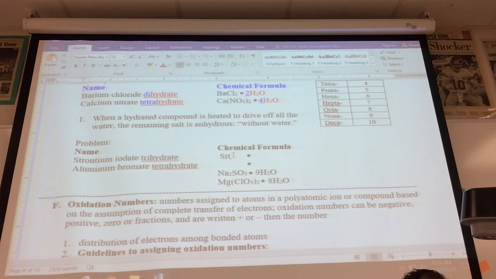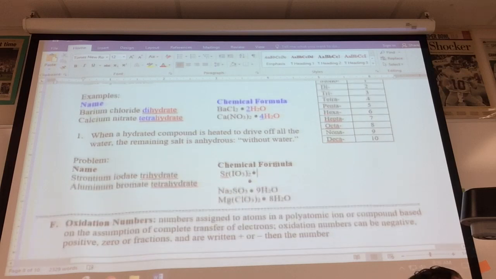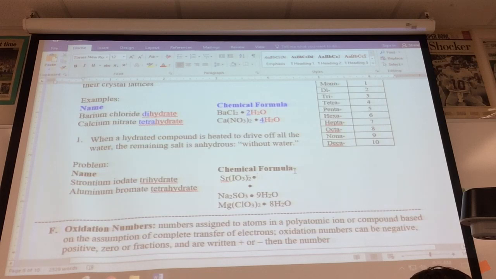Iodate, so you have IO3 with a 1 minus charge. So the 2 is going to drop right here. Tri represents what number? 3, H2O.